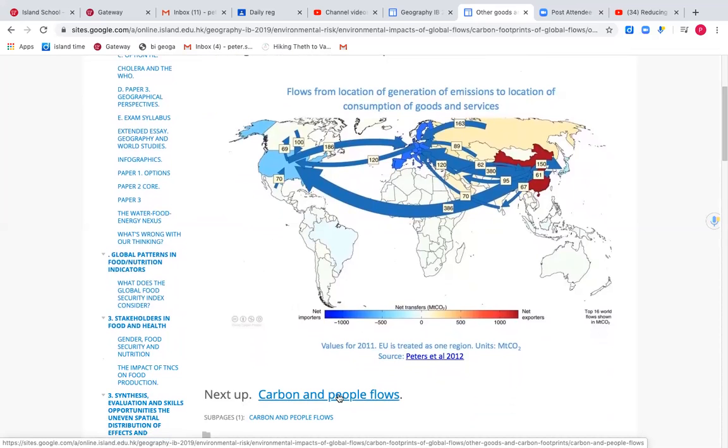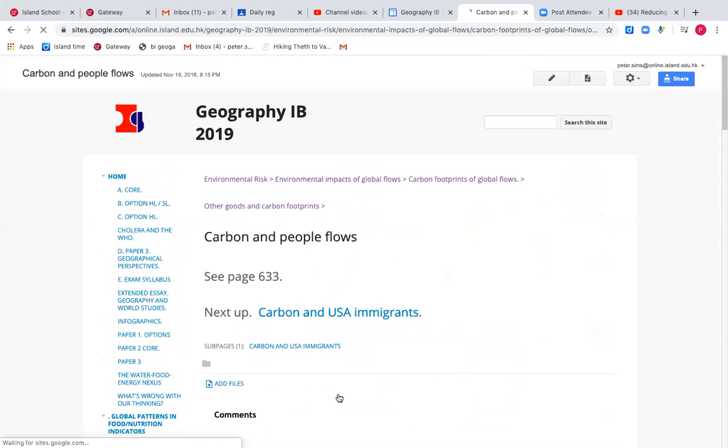Another one is carbon flows and people. For this one, you need to have a read of page 633. This is an example of where migration and refugees have been hijacked by certain politicians, and refugees are being blamed for carbon footprints.